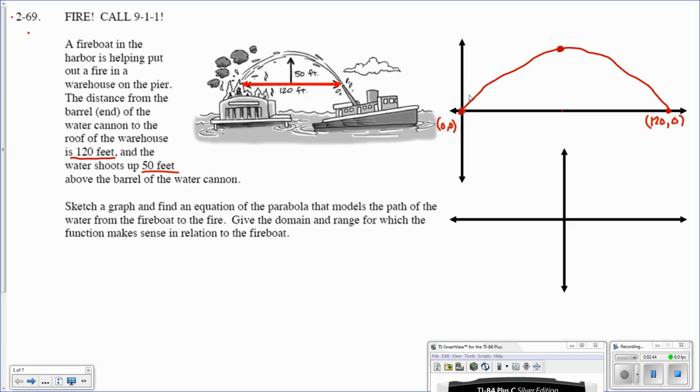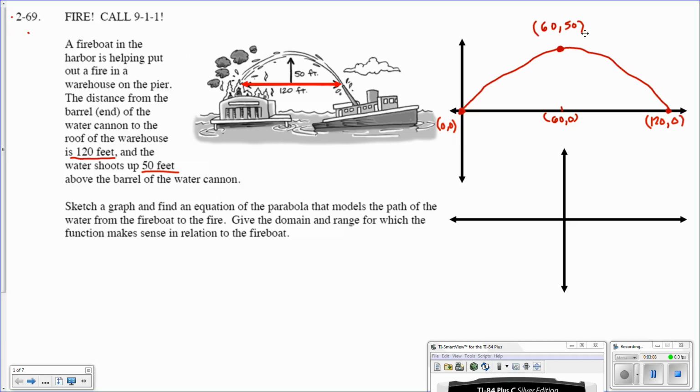So our vertex here, since it's been shooting out this direction, 120 feet total, this would have to be 60 feet in the middle, which makes our vertex the point 60, 50, because it's 50 feet high in the air.